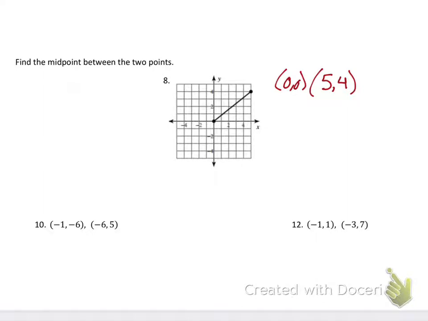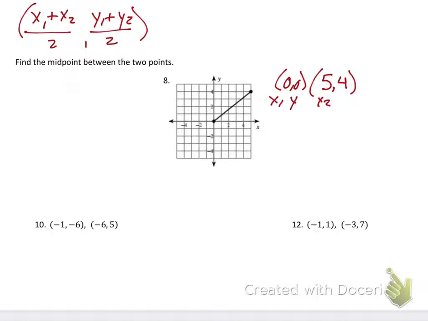All right, find the midpoint between the 2 points. For finding the midpoint, we know it's x1 plus x2 over 2, and y1 plus y2 over 2. So I'm going to have 0 plus 5. All I've done is find the coordinates of these 2 points right here.